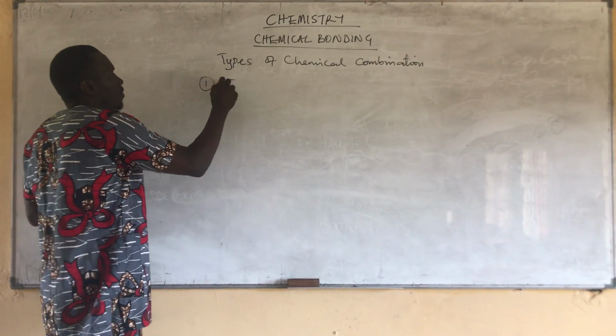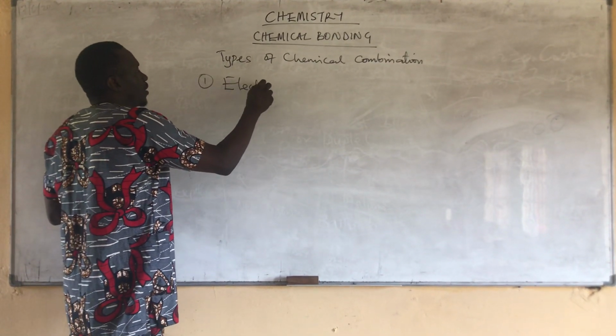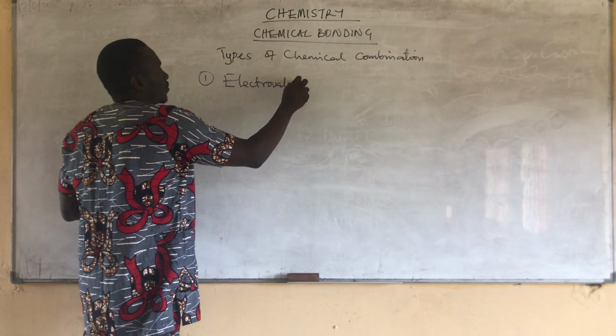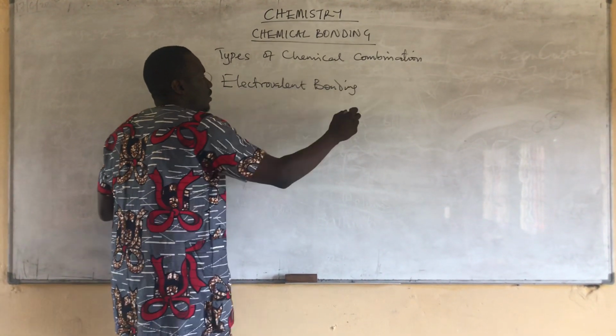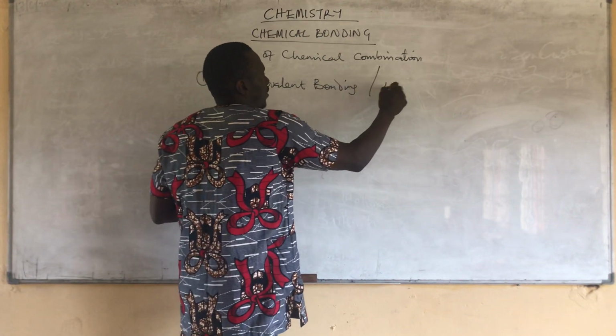Number 1, we have electrovalent bonding, which is also known as ionic.